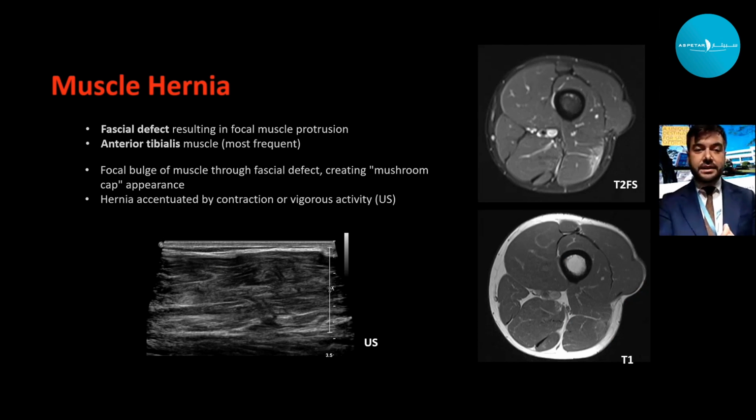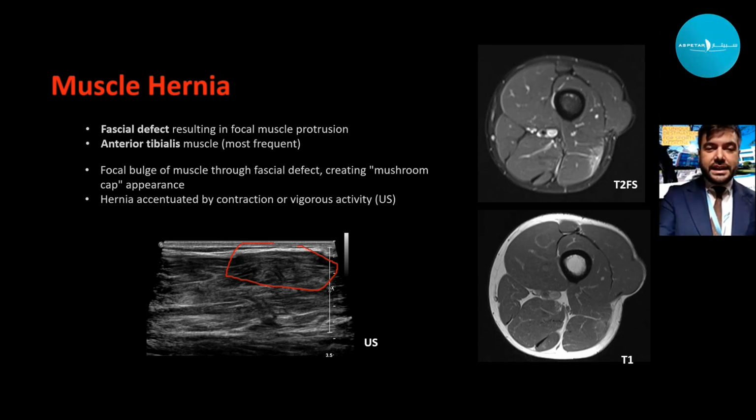The muscle hernia is the muscle protruding through a fascial defect, and normally the clinical symptoms are very specific. Ultrasound is very good because you can ask the patient to do contraction, because normally those injuries are more evident, accentuated during contraction.